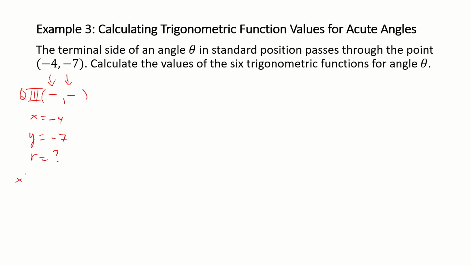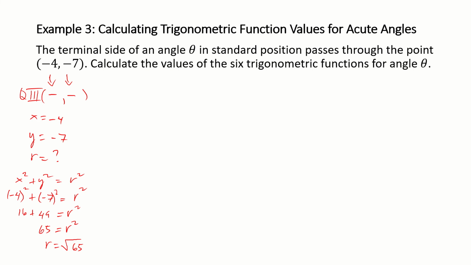Then we need to figure out what is r. To do that, x squared plus y squared is equal to r squared. x is -4, y is -7. So this is 16, this is 49. Then 16 plus 49 is 65. So r is equal to the square root of 65.